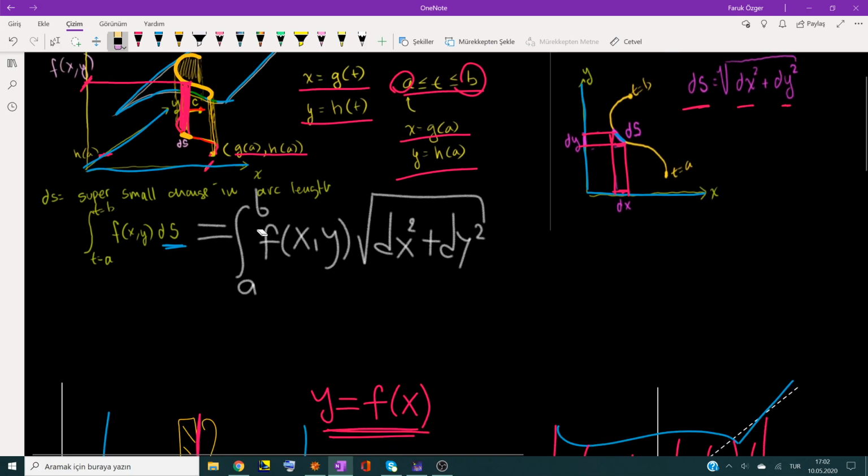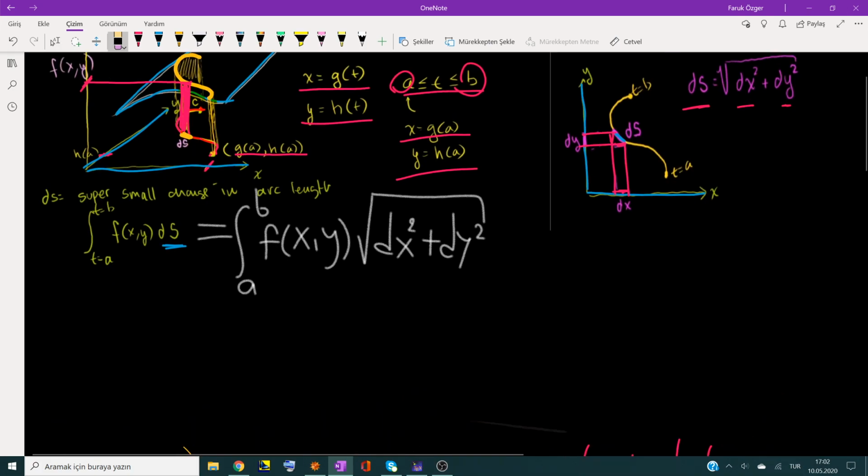Now let me continue. This is equal to the integral from a to b of f of xy.